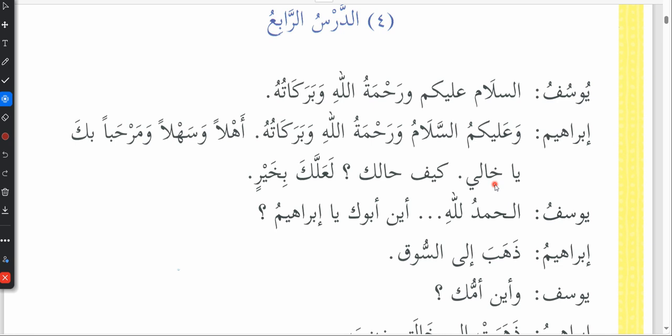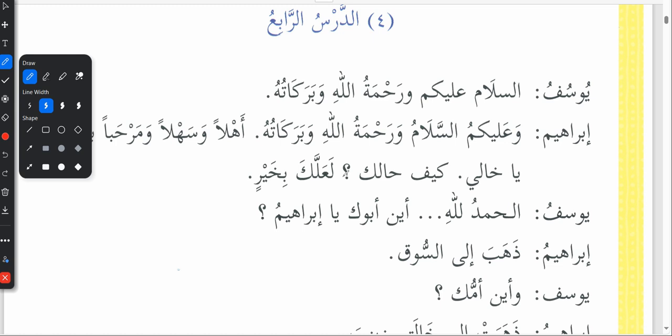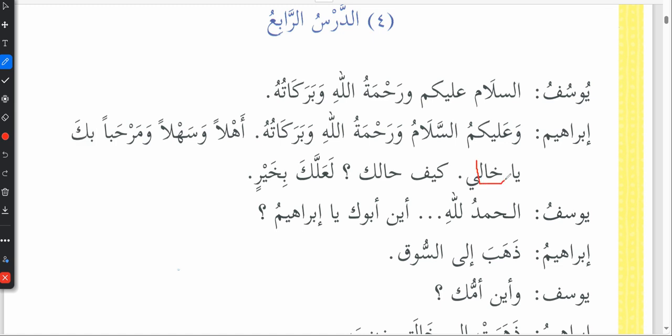Khali, now as I told you, the first category pronoun is attached with the noun, harf jar and inna. So this is a noun, Khal, meaning maternal uncle, plus the damir ya from the mutakallim group. That means my uncle.